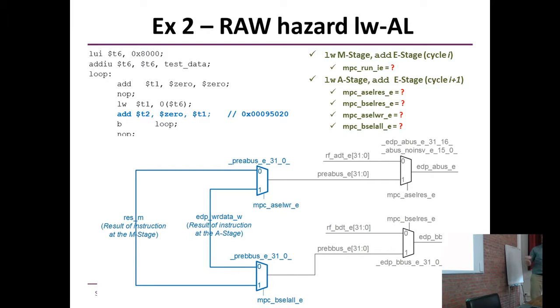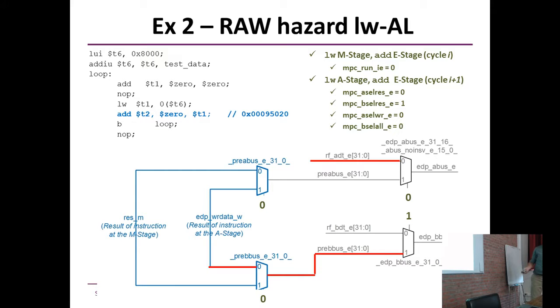So it will be 0. We'll introduce a stall here. Then, when the load is at the A stage and the add is still at the E stage because it's being stalled, the forwarding will take place. At that moment, the load has the result and it can forward it to the add instruction.